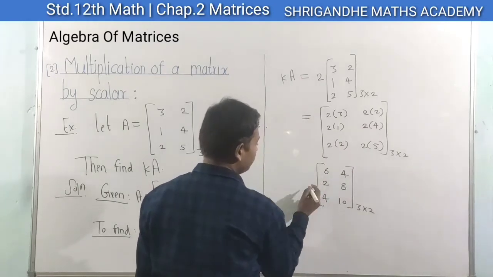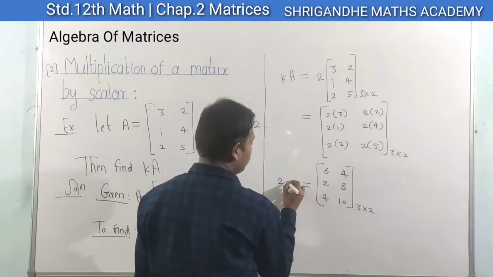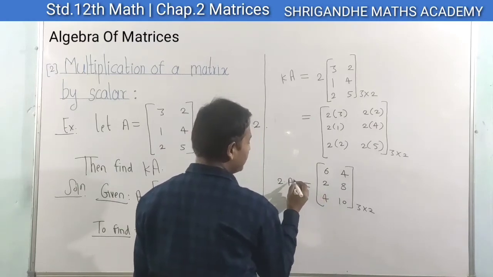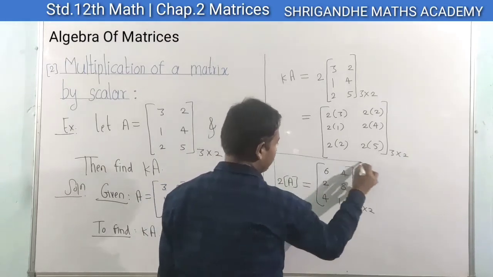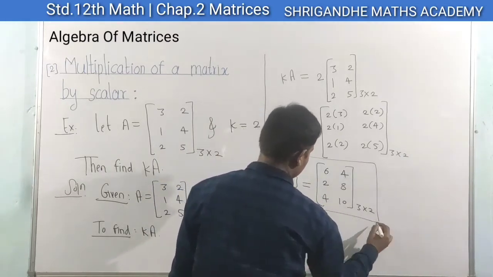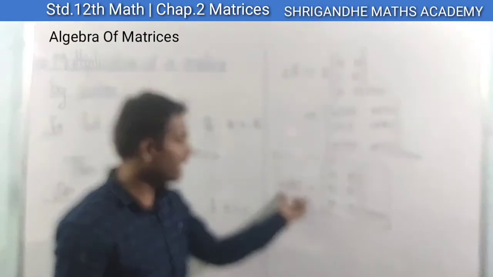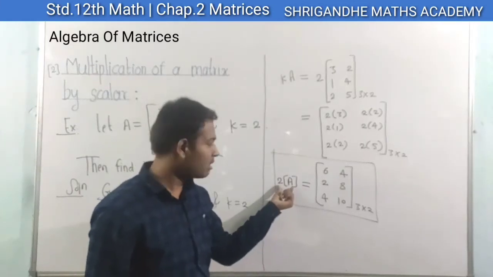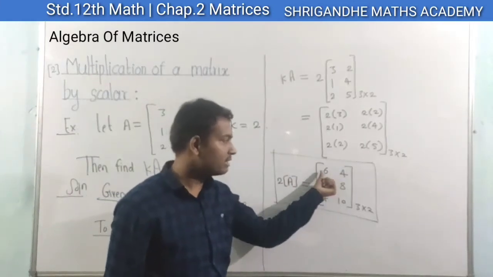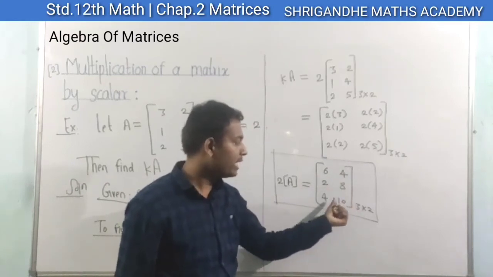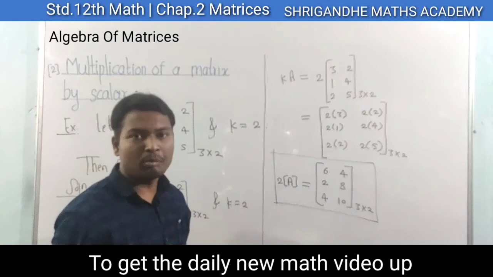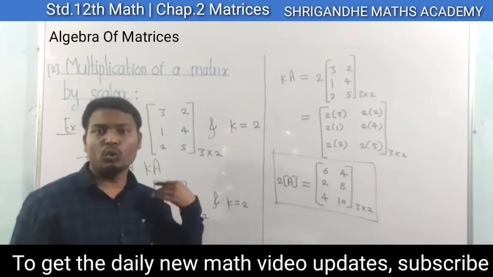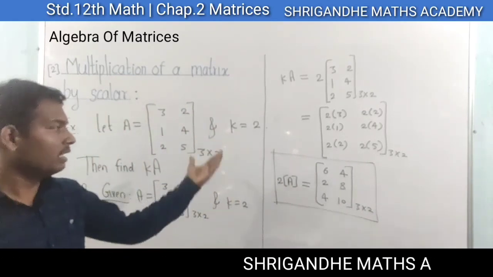Therefore we get 2 into matrix A, that is the scalar multiple of A, is equal to the matrix having entries 6 4, 2 8, 4 10 of order 3 by 2. This is how to multiply a scalar to a given matrix. Okay, write down all this part.